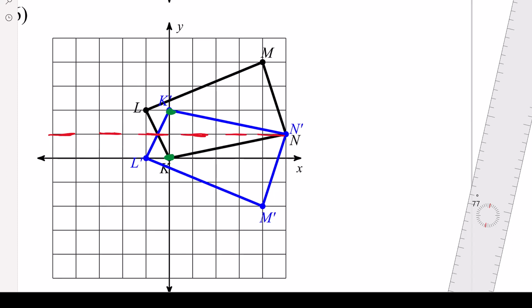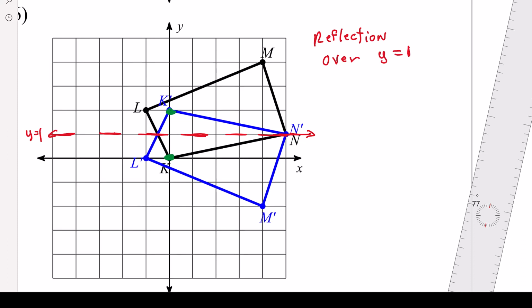They look like they are reflecting over, well, this line right here is where y, it's a horizontal line where y is 1. So it's reflecting over y is equal to 1.